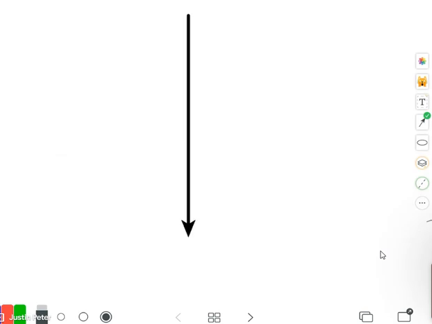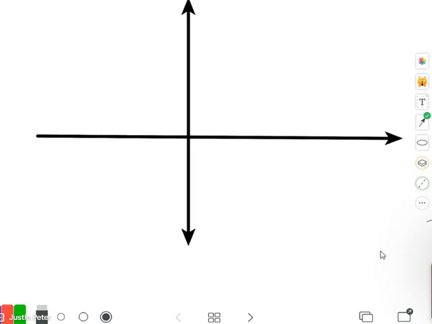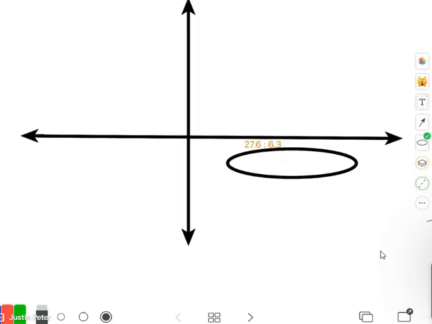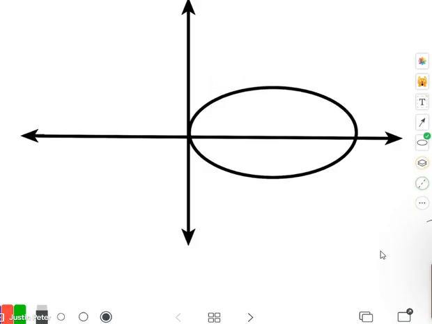Okay. Now let's look at this parabola. This is the origin.